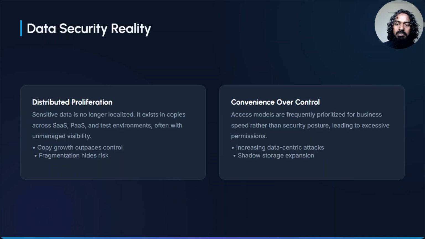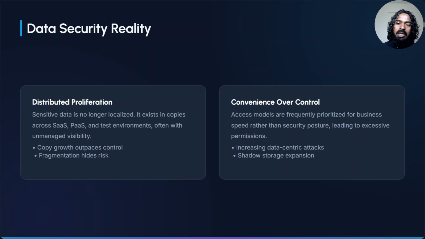So, in a typical organization, data is everywhere. I believe you'll all agree. It can be in your databases, cloud storage, SaaS platforms, user devices, and not just one copy, usually multiple copies, right? Your backups, exports, reports.